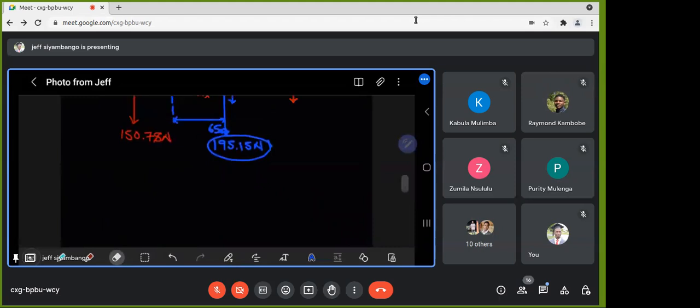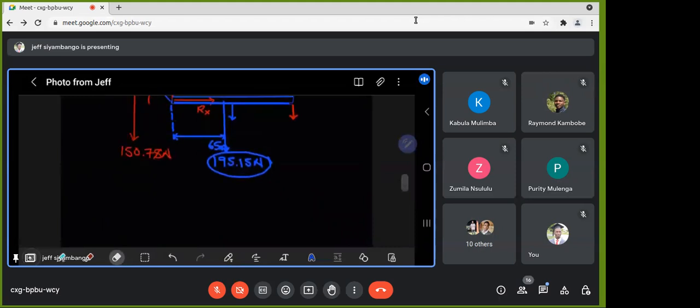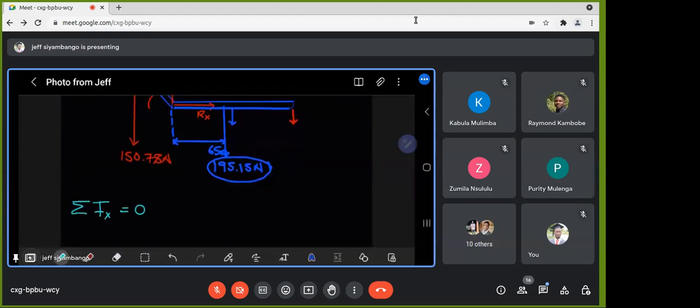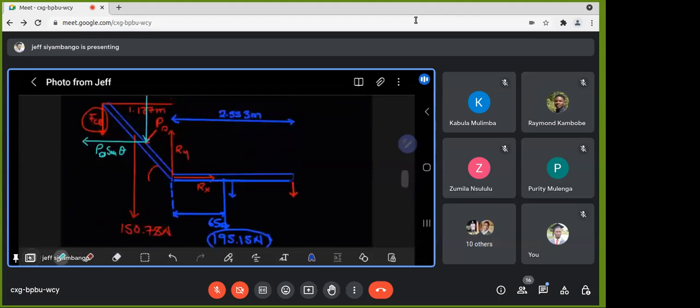We can now sum the forces. Sum of forces in the x is equal to 0. When you look at this question, how many forces do you have in the x-axis? How many forces are there?